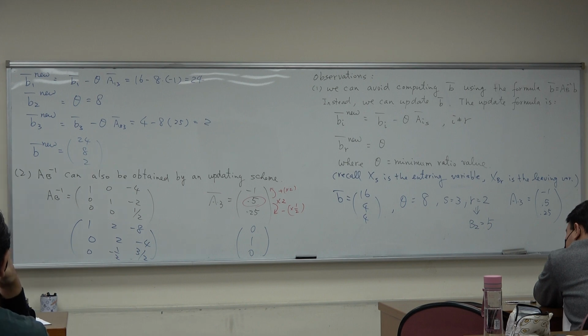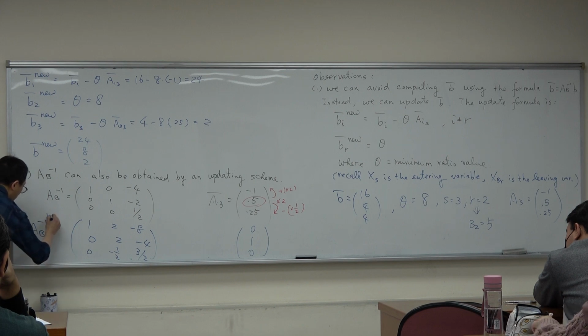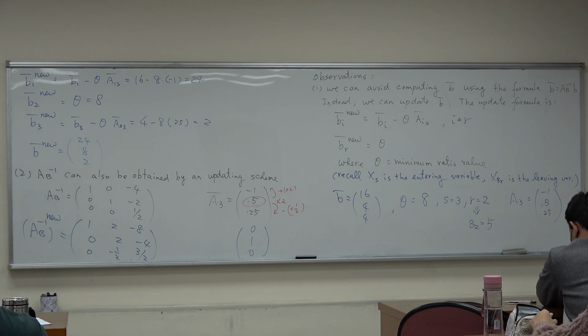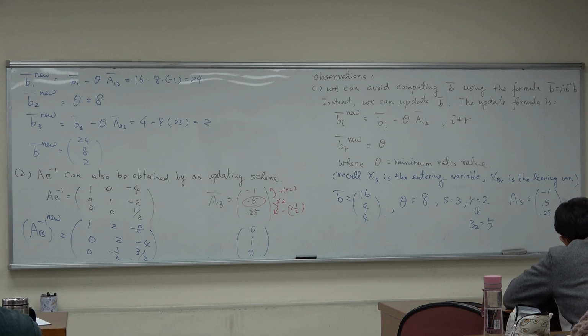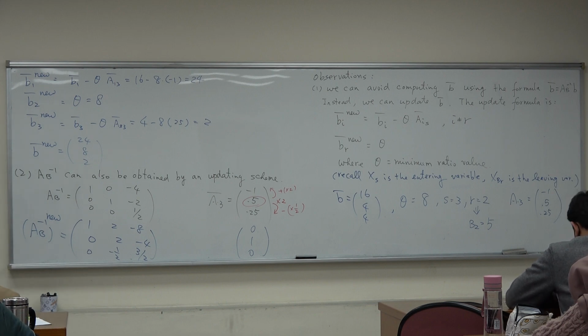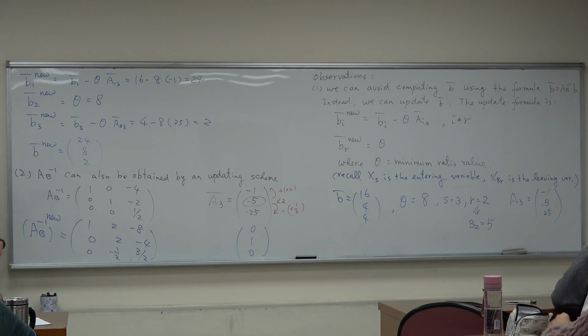This one is the AB inverse. Is that correct? That's the first iteration, that's the second iteration. Okay, so the key is that in the table form we utilize Gaussian elimination.